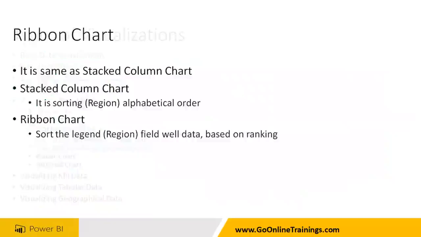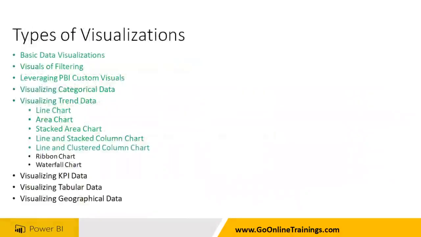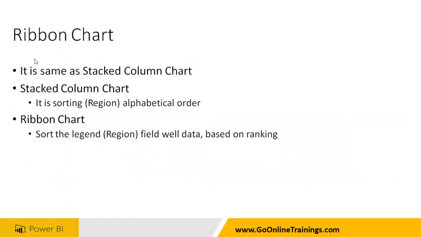The purpose of the ribbon chart is the same as a stacked column chart. The stacked column chart sorts region-wise in alphabetical order. But the ribbon chart sorts the legend field data based on the ranking. Let me take the stacked column chart first and discuss it.